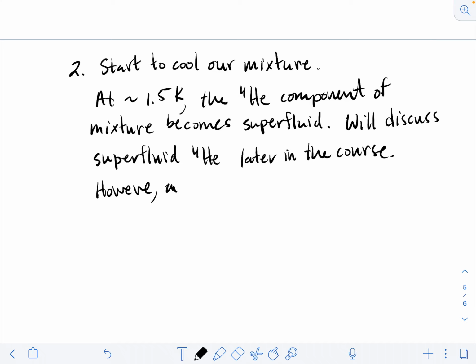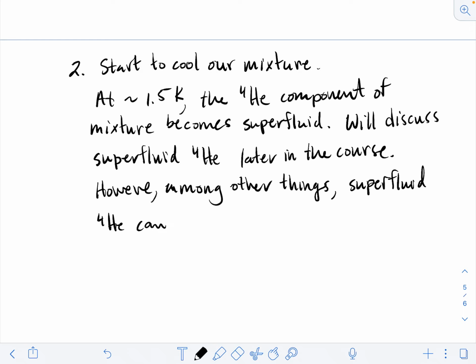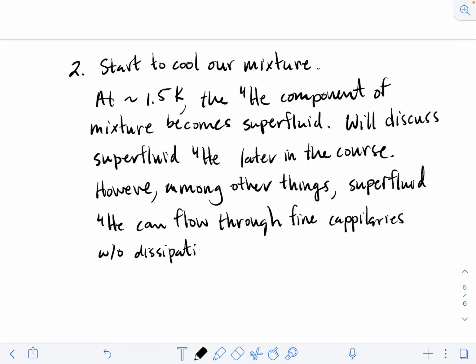However, among other things, the superfluid helium-4 can flow through fine capillaries without dissipation, and it is a very good conductor of heat.